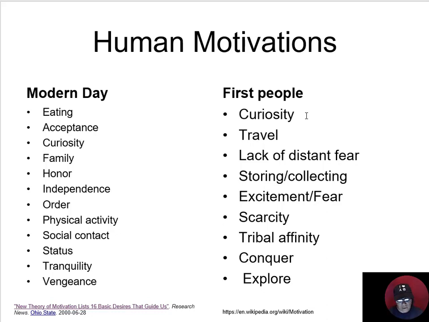But they also had to store and collect, right? They had to have this need to store and collect because, as you can imagine, food is few and far between. And so when you found things that would be useful, you want to store and collect it. And then another motivator for them would be scarcity.